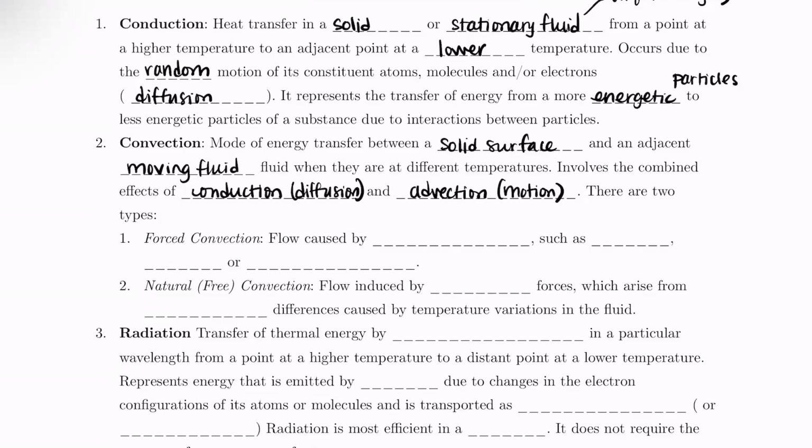There's two types of convection. So forced convection is flow caused by external means. So these are things like fans or pumps or even the wind.